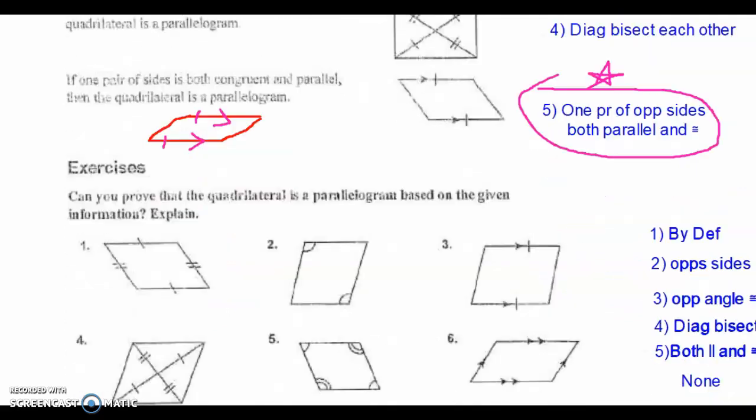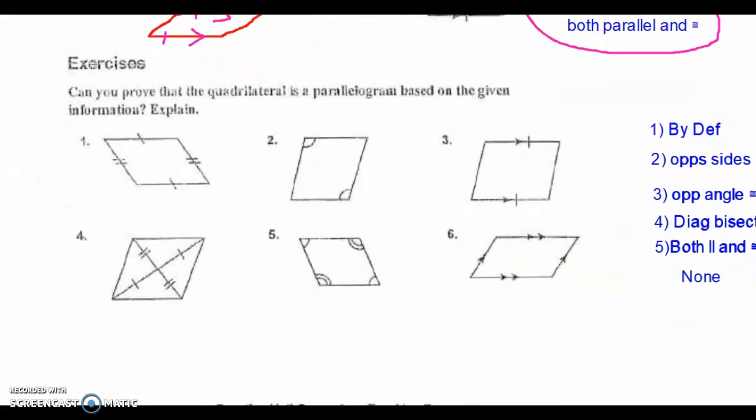All right, let's go down to some examples, like the ones you're going to do tonight. When I look at this first figure, I can see that opposite sides are congruent, so it's going to be property 2. Example 2, I only have one pair of opposite sides congruent, therefore this one is going to be none.